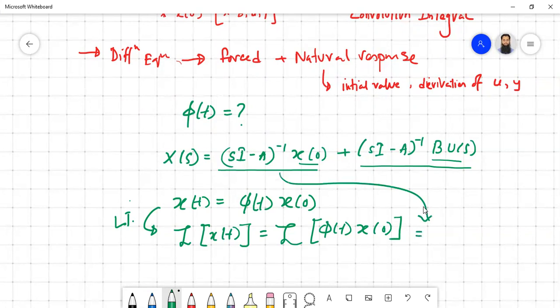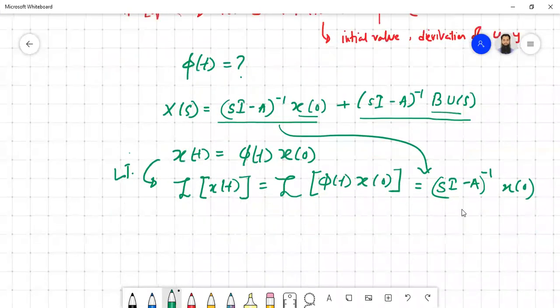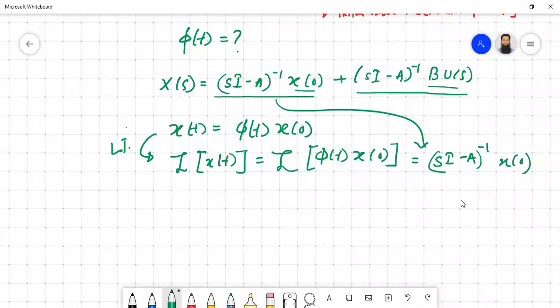So basically this will be (sI minus A) inverse with your x0. X0 is common, so you can say the Laplace transformation of phi(t), the state transition matrix, is equal to (sI minus A) inverse.